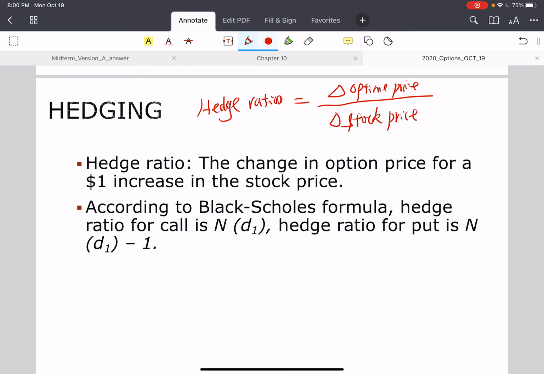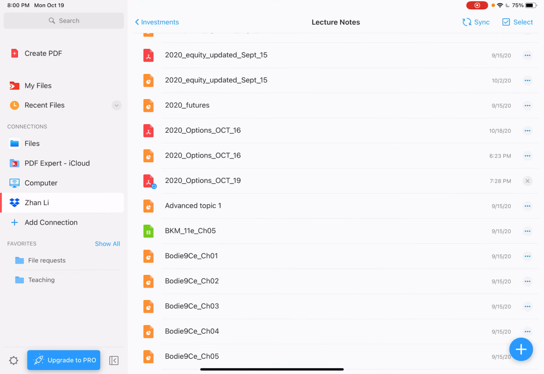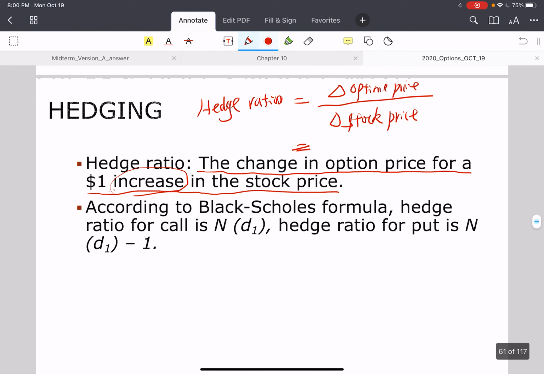So that's why the hedge ratio gives you the change in option price for a $1 increase in the stock price. The word increase is not the best word here. Maybe it's more accurate to use change. So the change in option price for a $1 change in the stock price. And we also know that the hedge ratio equals delta, right?